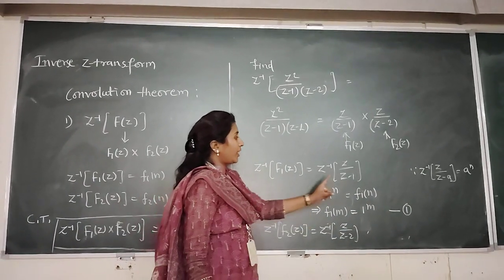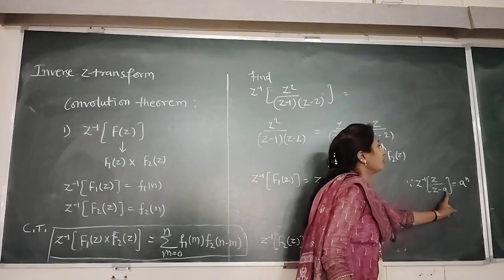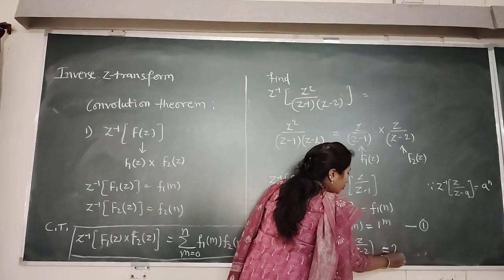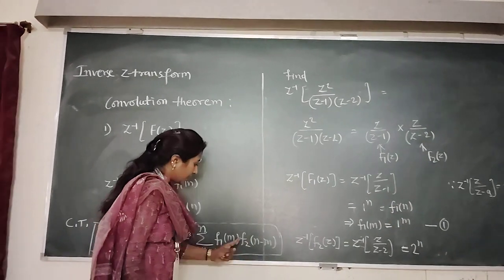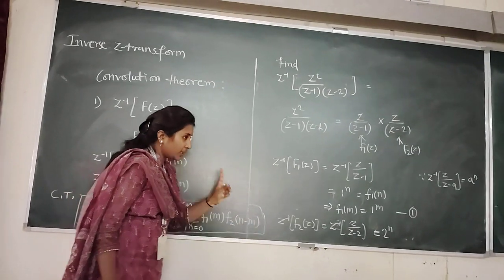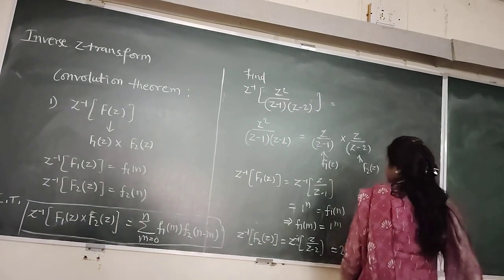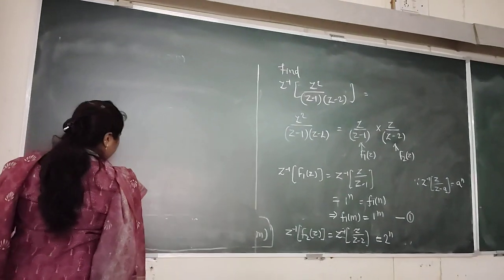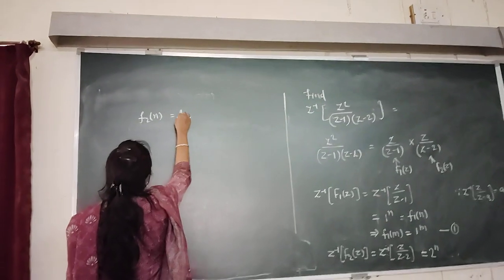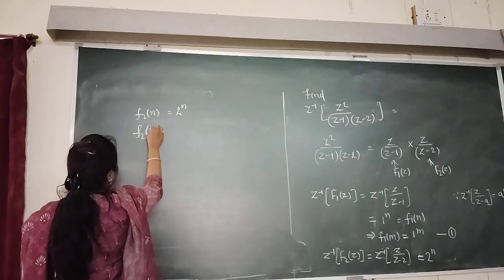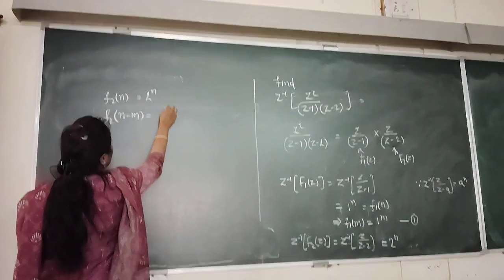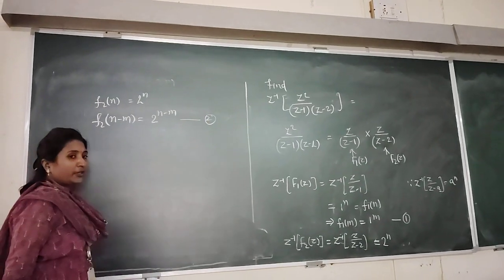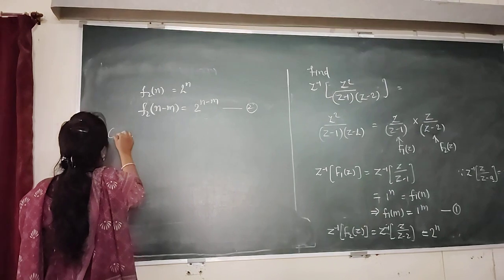Again the same formula, in place of a we have to put 2. Then the value is 2 raised to n. Now we need f2 in terms of n minus m, so f2(n minus m) is equal to 2 raised to n minus m. Is it clear everyone?